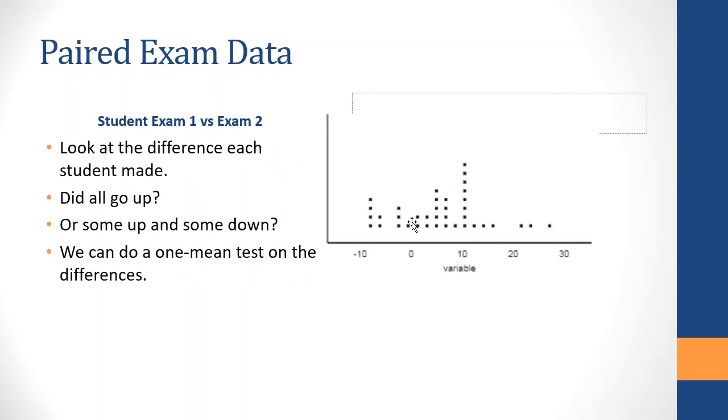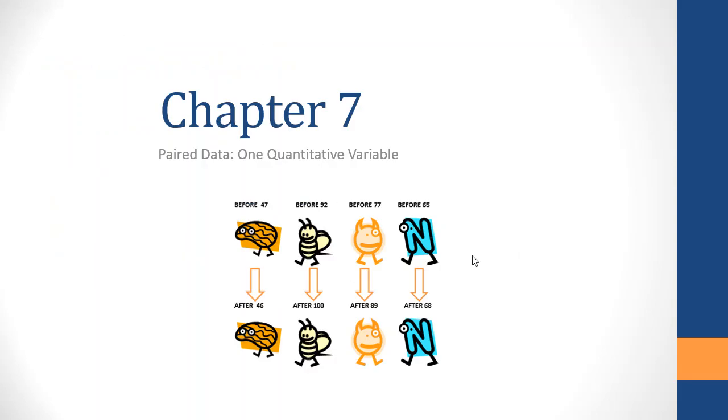And now you can see that almost all the data points are bigger than 0, which means that most students did better on exam 2 versus exam 1. And so now you can do a one mean test on the differences to see if the difference was 0 or if it was significantly different than 0. So that's the kind of thing we're thinking about with paired data. Hopefully that gives you a nice introduction to the topic. And in the next video, we'll do some more examples.